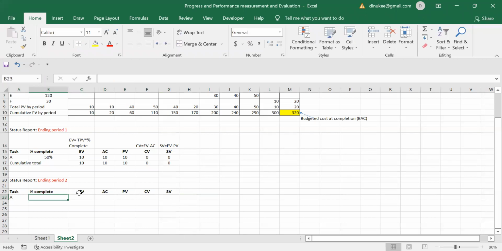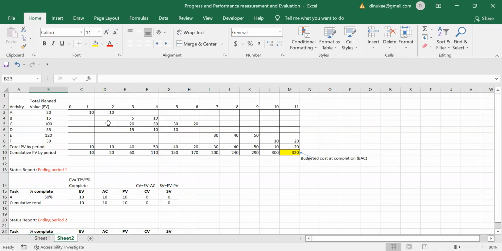That task A is now completed. Can you see at the end of period 2? This is the ending period 2 here. So at the end of period 2, activity A is now completed, right?